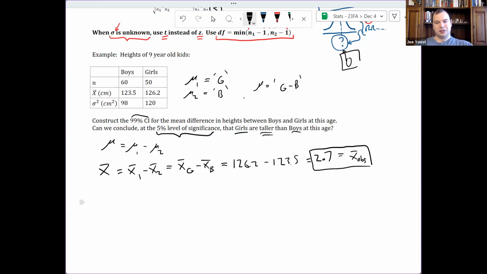I need to know my standard error, sigma, for this variable, the difference. And again, remember that was the square root of the sum of the two standard errors. So sigma 1 squared over n1 plus sigma 2 squared over n2. Be a little careful: even though we're subtracting the variables, we're adding the variances, right?